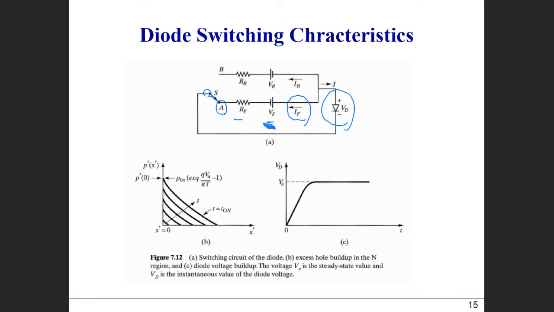Okay, and then at t equals 0, we're going to suddenly change this switch to the B position. Okay. So when we change to the B position, what we can see from this circuit is that the diode is reverse biased in here. Okay. So when this happens, we are also interested in how the stored charge is going to change, and also how the current flow is affected by this switching characteristic. Okay. That's what we want to see in here.